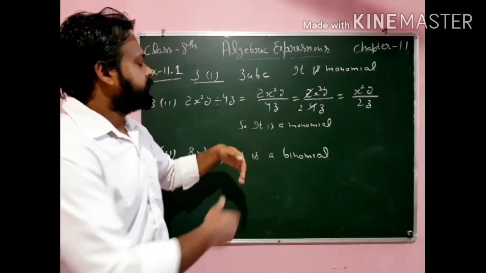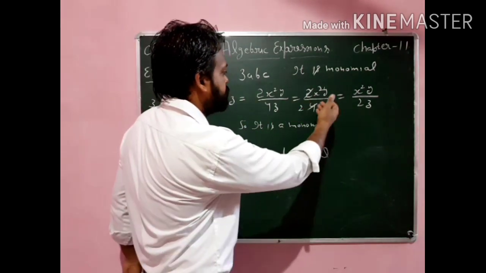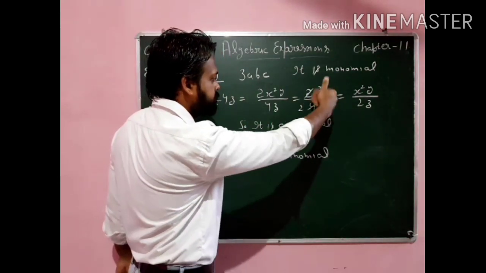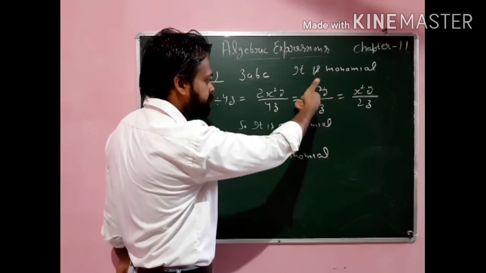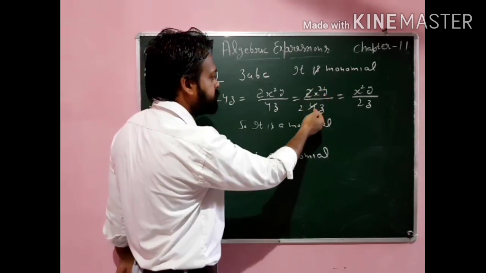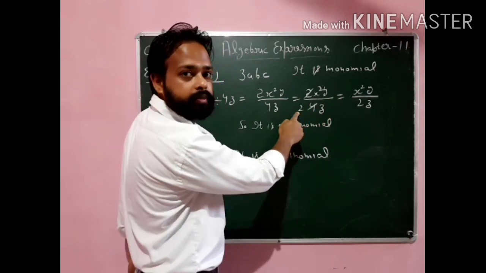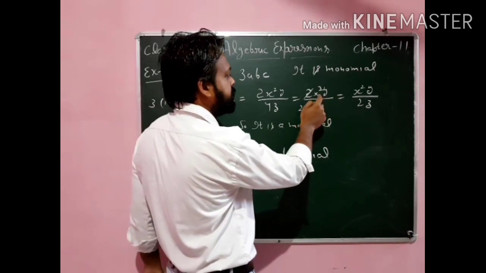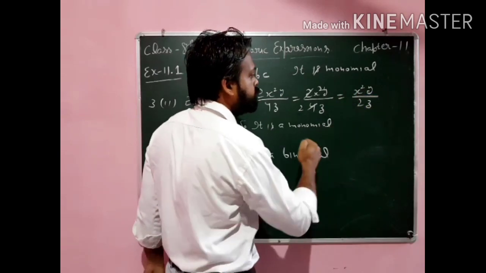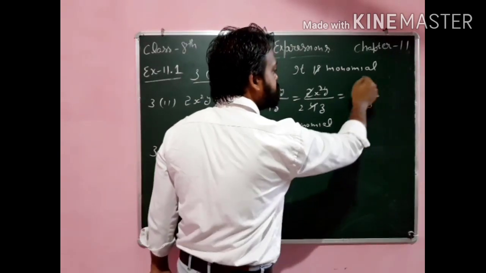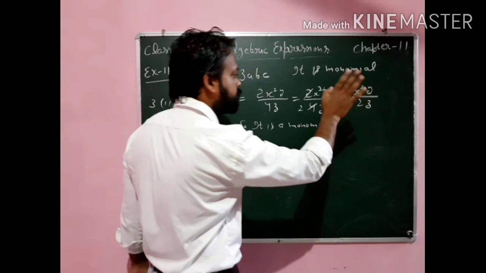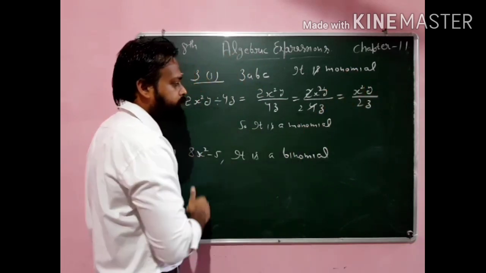On the next step you can see there are some common factors between these two terms, so we can cancel out 2 to the 1, 2 to the 4. So the 2 to the 4 will become 2, and this is x square y over 2z. Now you can see only a single term is left here, so it will become a monomial.